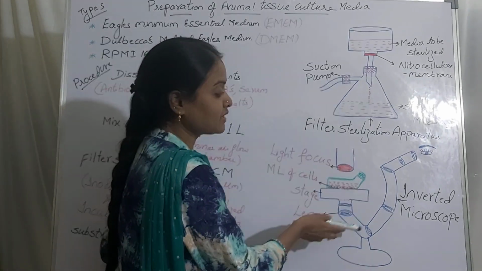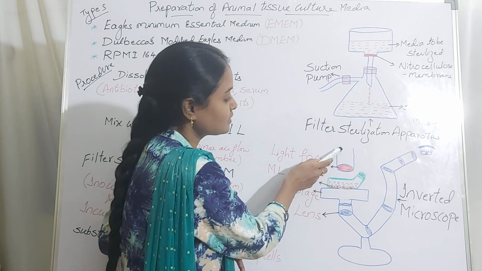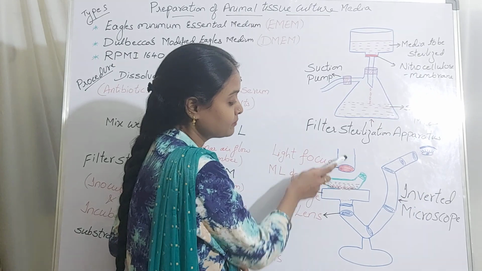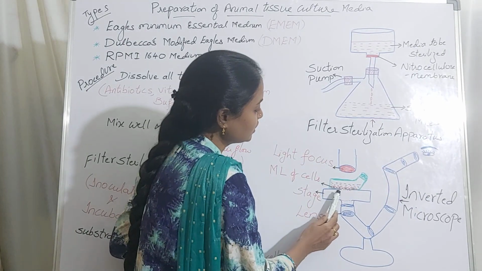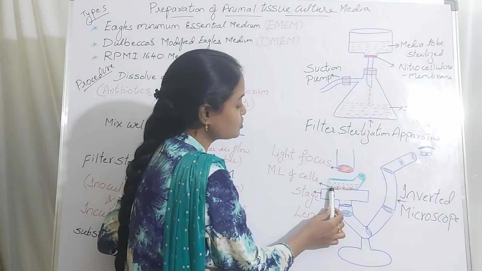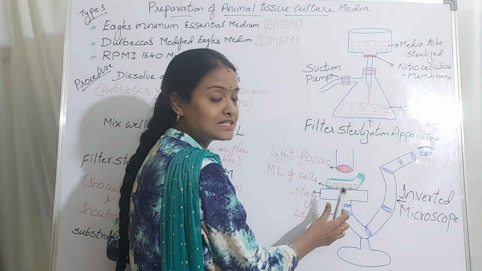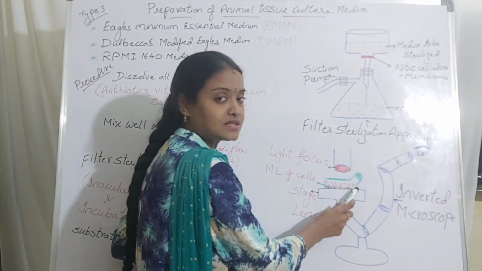But here, in an inverted microscope, the light source is on the top and the lens for viewing is at the bottom, so that you can visualize the monolayer of cells which are adhered to the substrate.